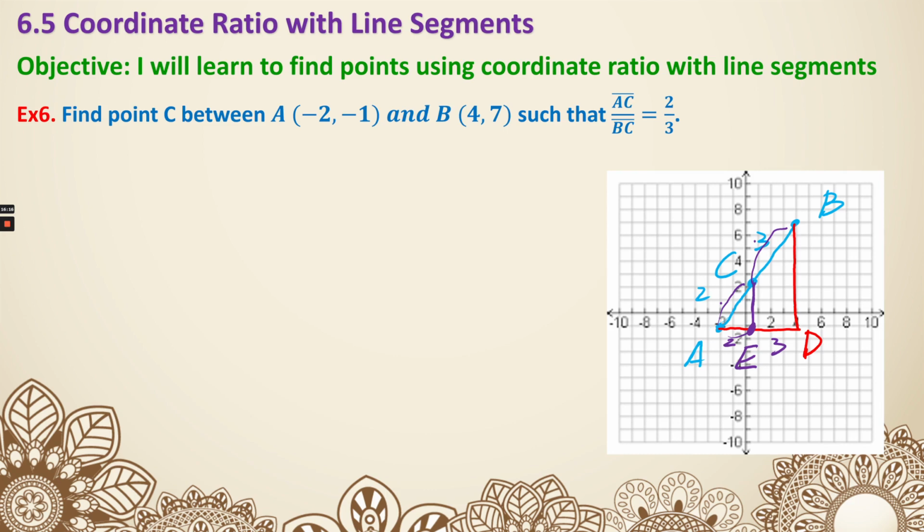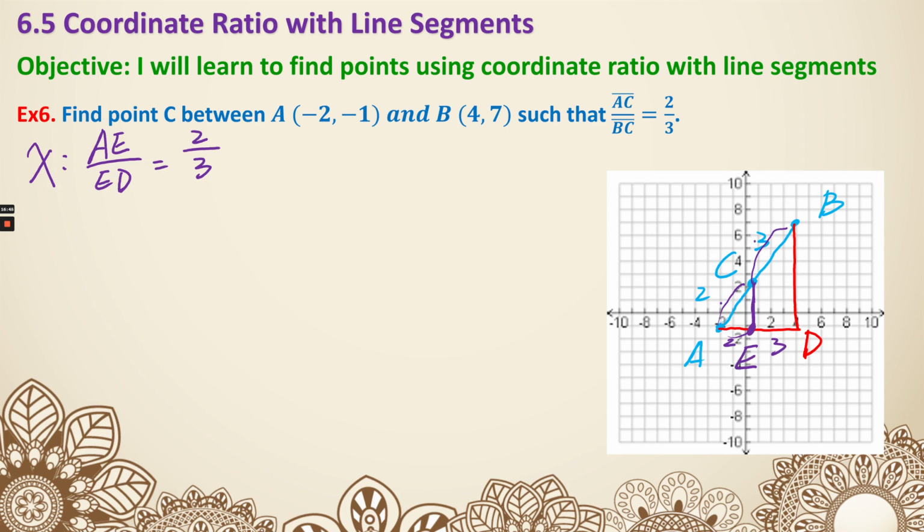And something else that is important: I dropped down the line from C to get E, so they actually share the same x coordinate. So I'm going to use point E to help me find the x coordinate for C. AE over ED is 2 over 3. That's something I already know because of the proportionality theorem.